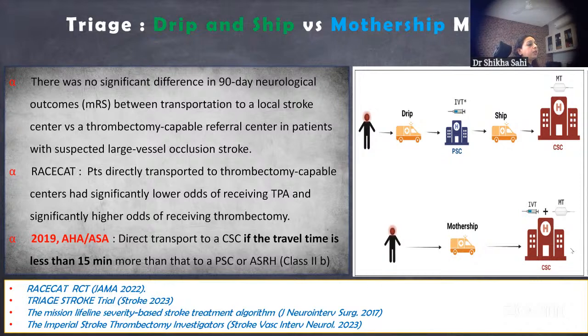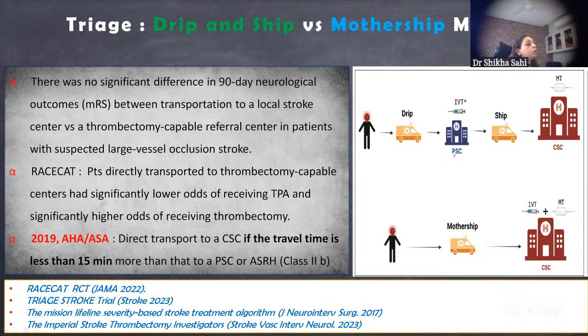Or the patient is directly transferred to a center where both of these are available. Although these models were compared, there is no particular difference in the outcomes. Now the AHA recommends that if you are able to reach this comprehensive center where both things can be offered in less than 15 minutes, you can shift the patient directly to this center.